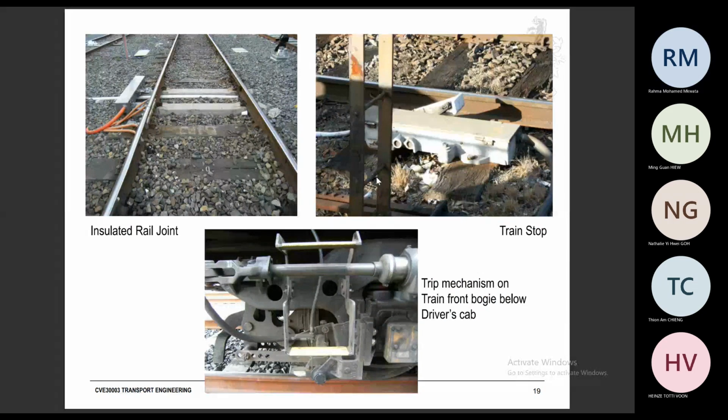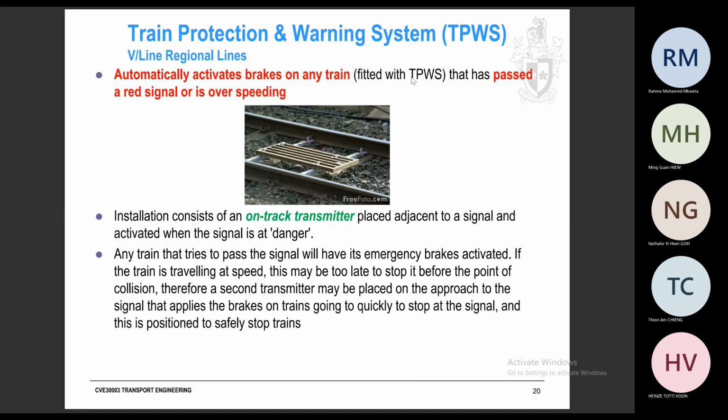Let's move on. This is how they control the train actually. This one is the train stop mechanism to ensure that the train does not go over speed, or if the train does not stop in time, this will be activated to stop the train in case of an emergency. So another signaling purpose is to protect the train and warn the train, especially if it runs too fast or doesn't stop in time.